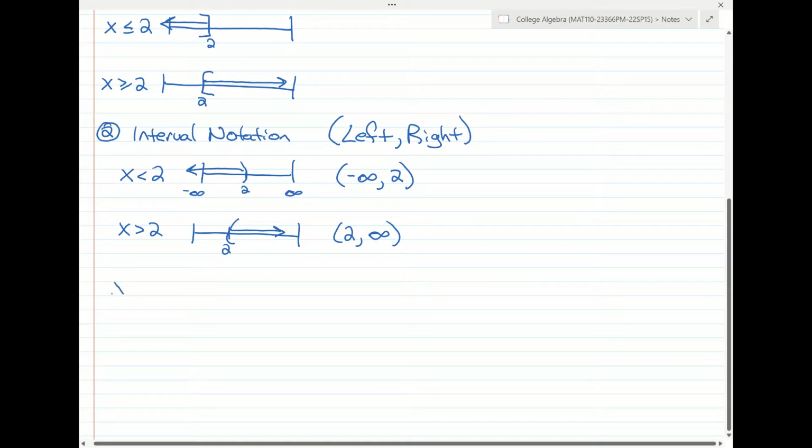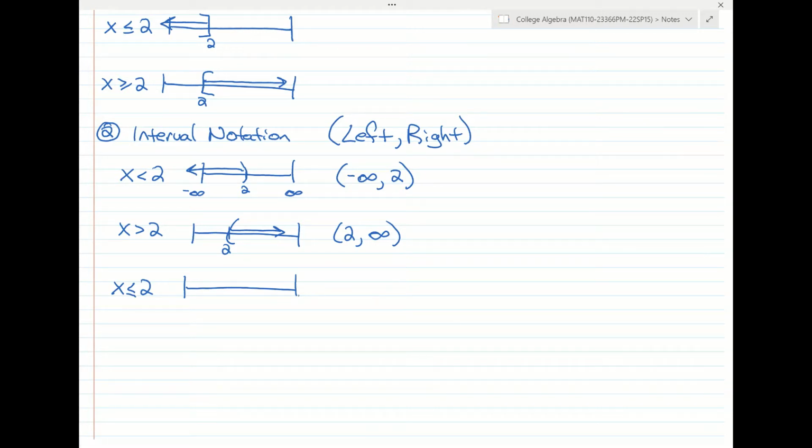If we have a less than or equal to, then we graph it just like we usually do.